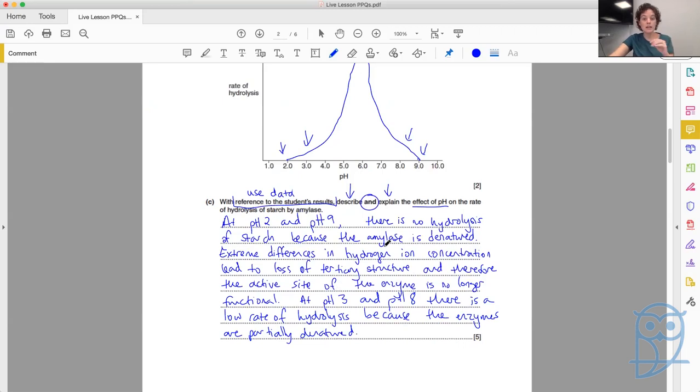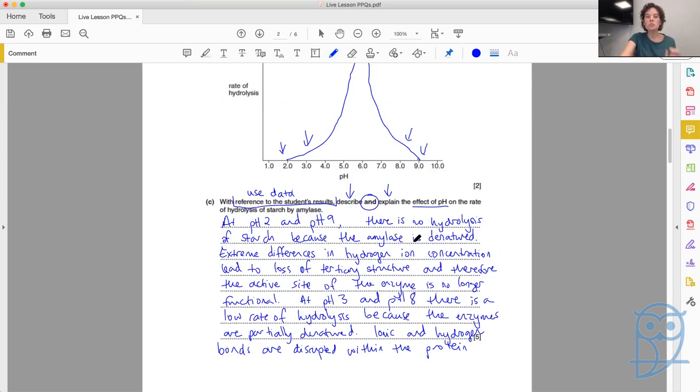And let's mention it here because we didn't go into how we've lost this tertiary structure. So let's say ionic, doesn't have a double I, ionic and hydrogen bonds, so our charge-based bonds, are disrupted within the protein. Okay, right. So we've dealt with our low pH, low rate of hydrolysis.